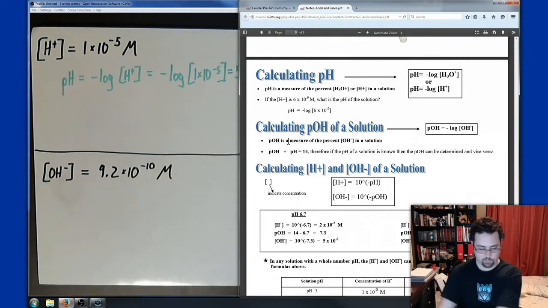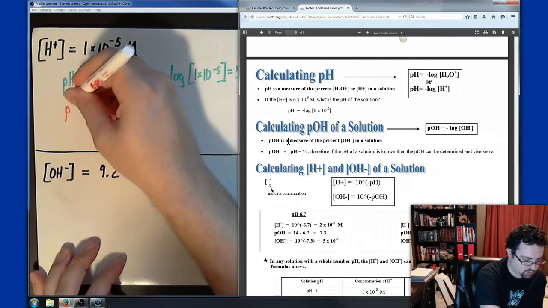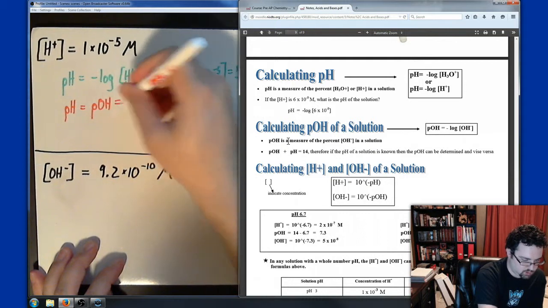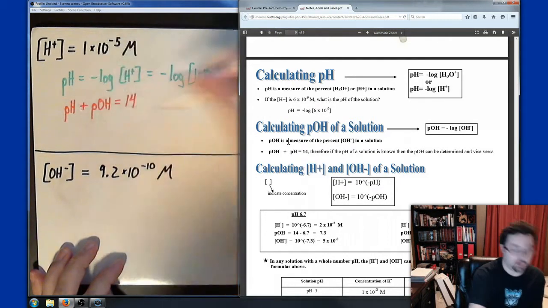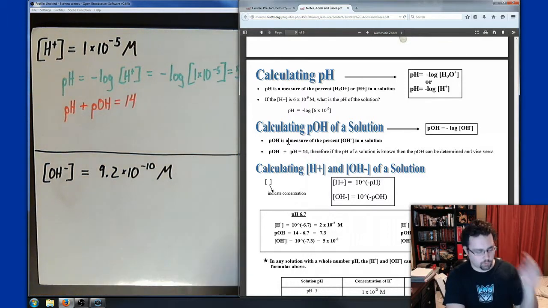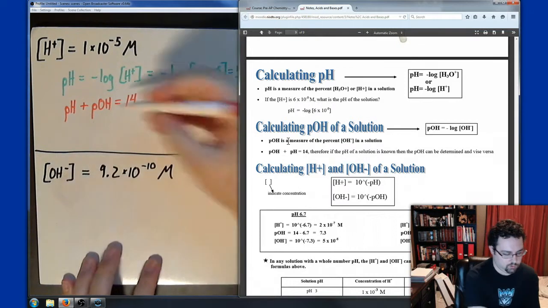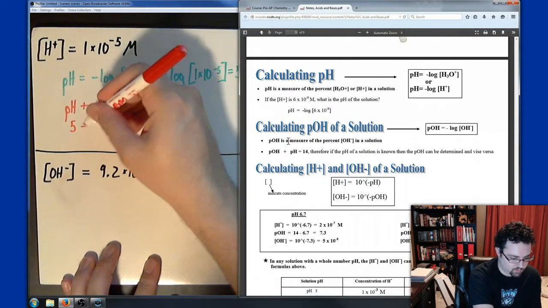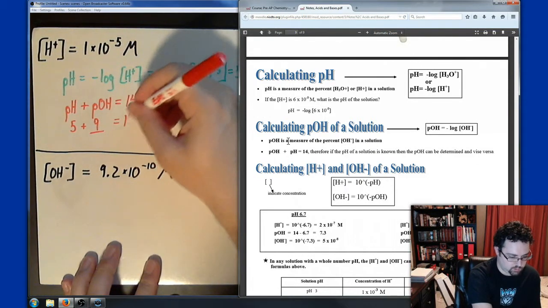Remember, pH plus pOH equals 14. So if one of them's 5, the other one's going to have to be 9. So pH equals 5 and pOH equals 9.